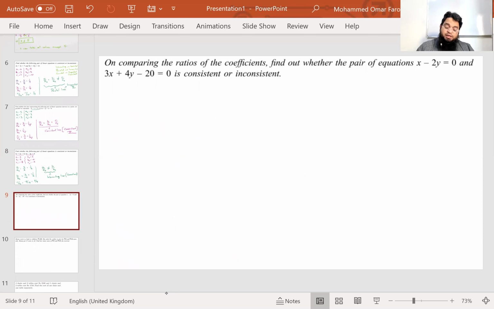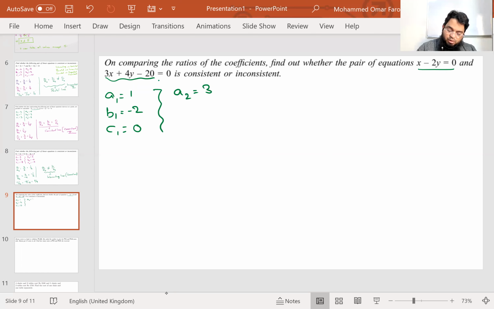On comparing the ratios of coefficients, find out whether the pair of equations is consistent or inconsistent. It's the same. This is the first equation and this is the second equation. So let us find out. a1 is equal to 1, b1 is equal to minus 2, and clearly c1 is equal to 0 because we don't have any constant. And a2 equals 3, b2 equals 4, and c2 equals minus 20.